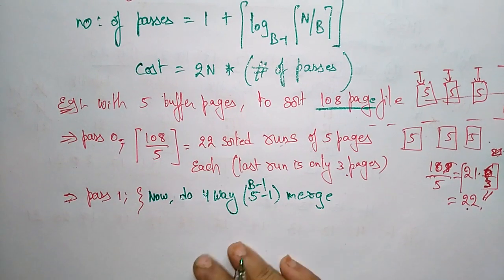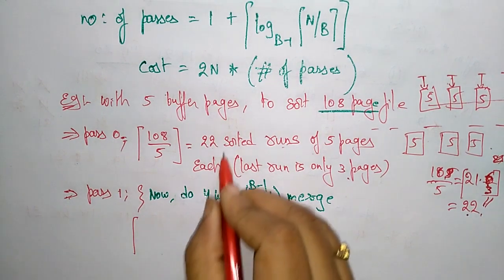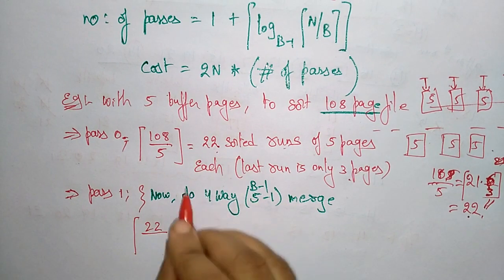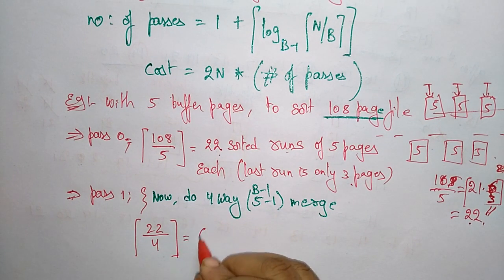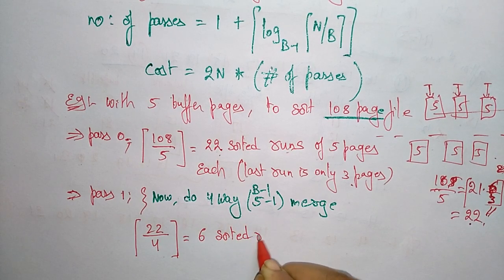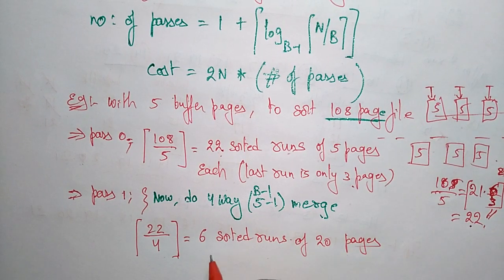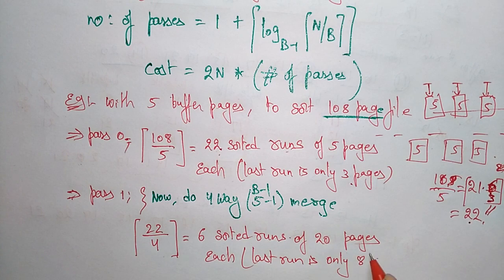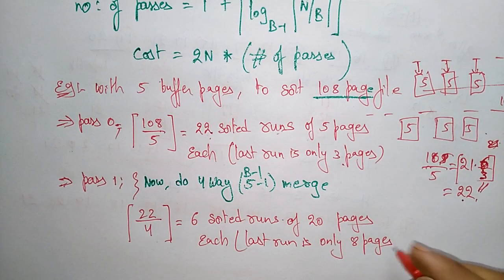Now in pass 1, the 22 runs divided by 4 gives a ceil of 6 sorted runs of 20 pages each, and the last run is only 8 pages.